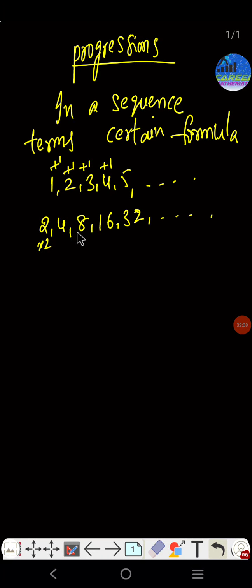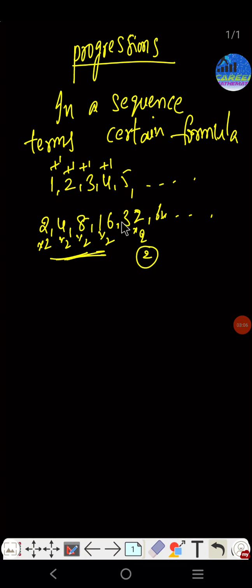Same, with the fixed value, we multiply the second term to get the third term. 4 2s are 8, 8 2s are 16, 16 2s are 32, 32 2s are 64, and so on. Here the fixed value is 2. All the terms are multiplied with a fixed value to get the next succeeding terms. So that's why it is also a progression.